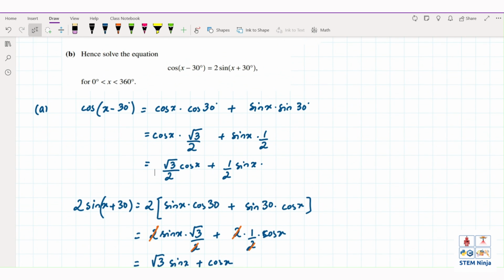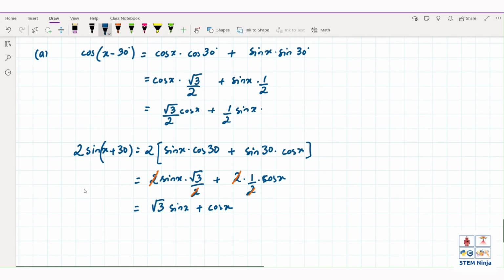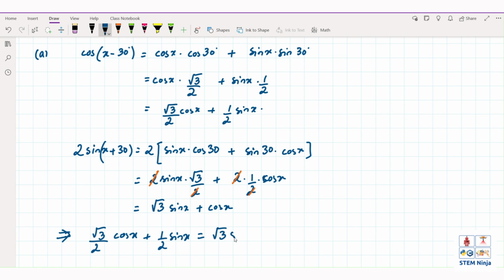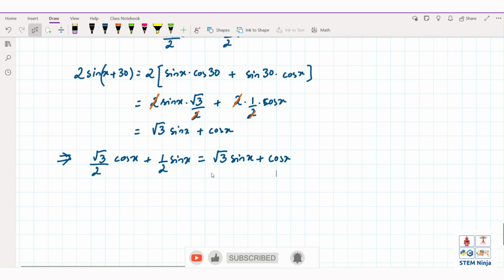Now these two expressions are equal to each other, so we will equate them. Root 3 over 2 cos of x plus 1 over 2 sine of x equals root 3 sine of x plus cos of x. Now we bring all the sine terms on one side, cosine terms on the other.